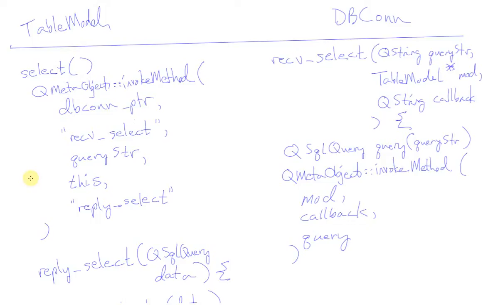We're not using observer mechanism messaging because this structure makes much more sense, having table model request data from the DB connection on the opposite thread, and we're giving the DB connection thread the instance of the table model to pass back the return data to, and the name of the function to call for that table model instance to be able to know what to call and pass in the Q SQL query data with.